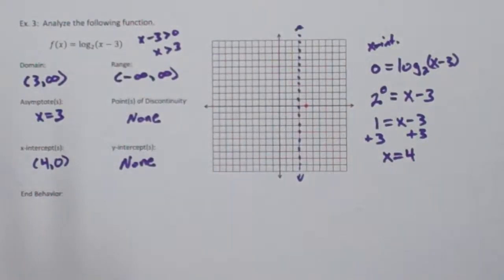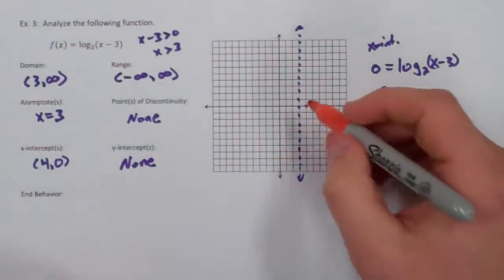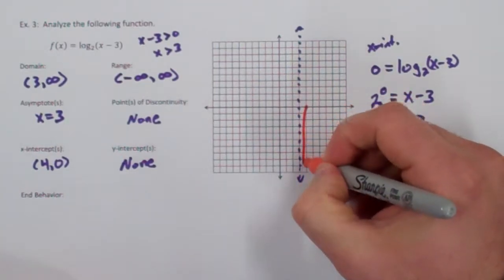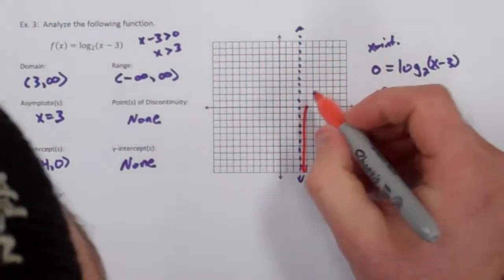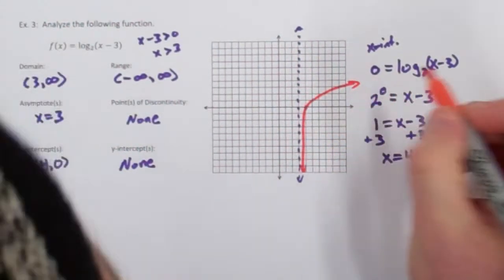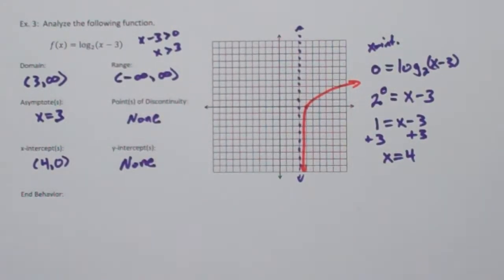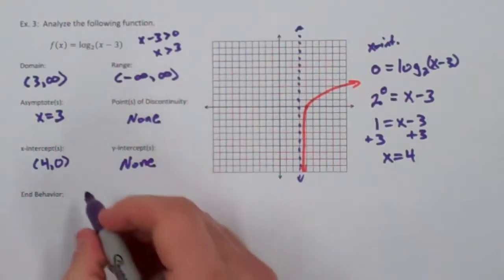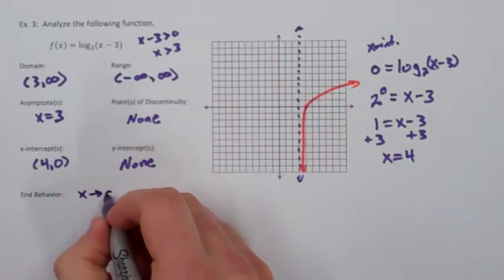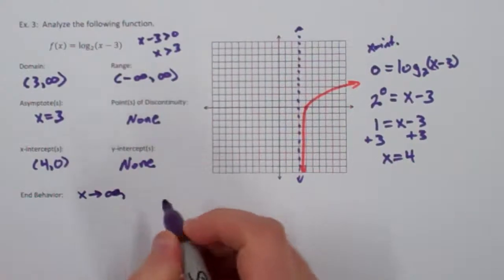So when we graph this, we can graph this equation and get real close to that asymptote and then come up to the right hand side. This will help us to do our end behavior. So remember, for our end behavior, we're going to write as x approaches infinity, what does y do?